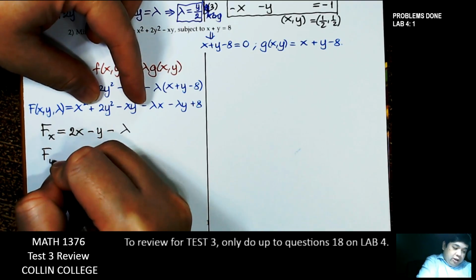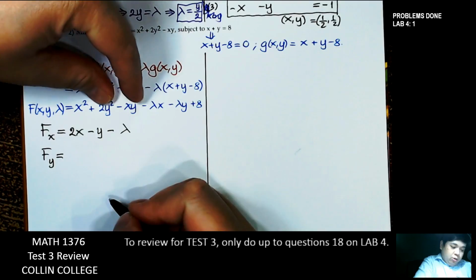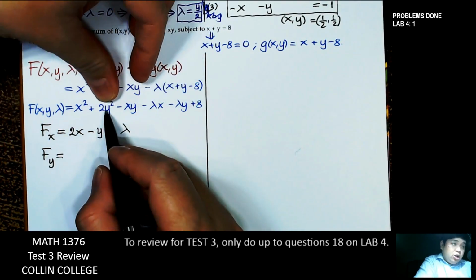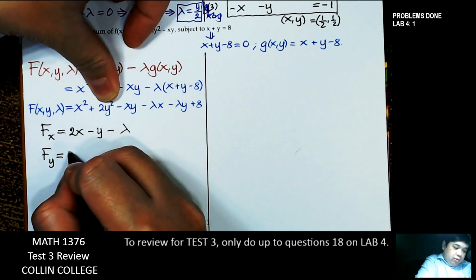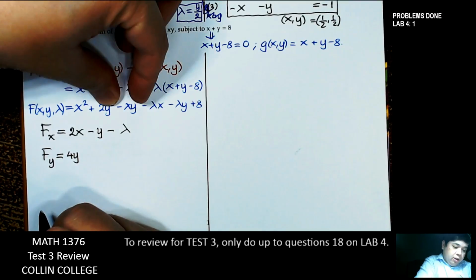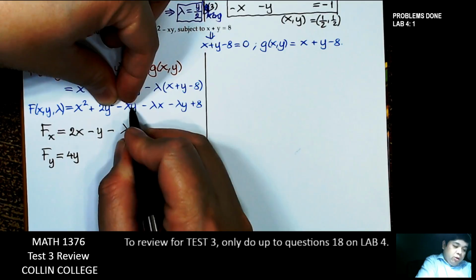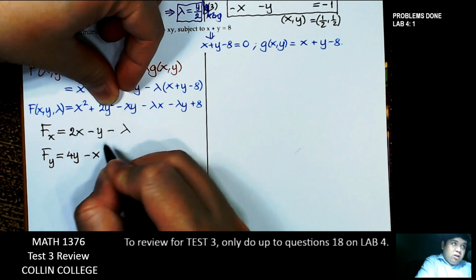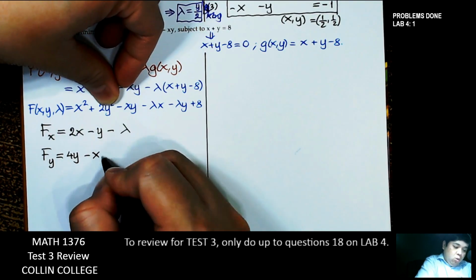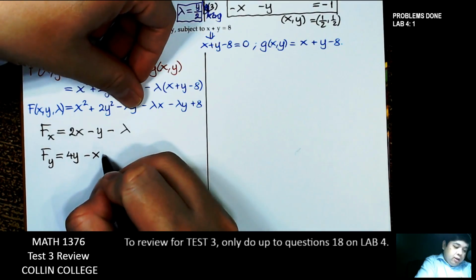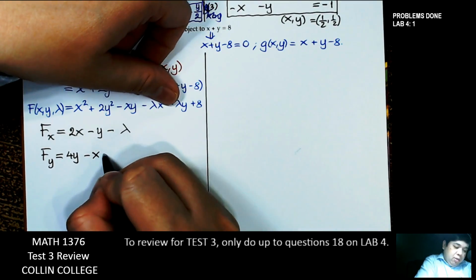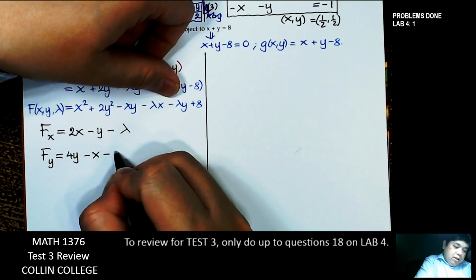Then we'll take the derivative with respect to y, which will be those three terms. 2y squared gives us 4y, minus xy. The derivative of that, negative x is a constant, the derivative of y is 1, and then minus lambda.